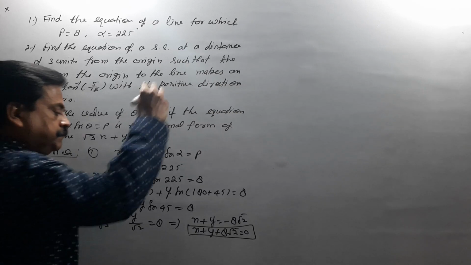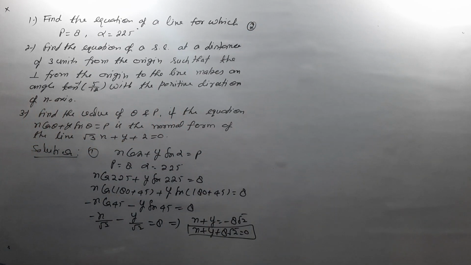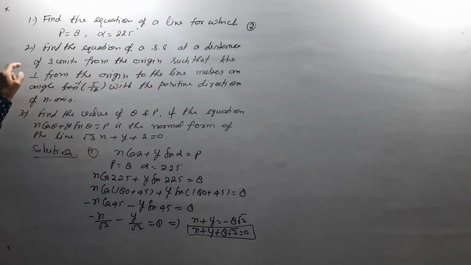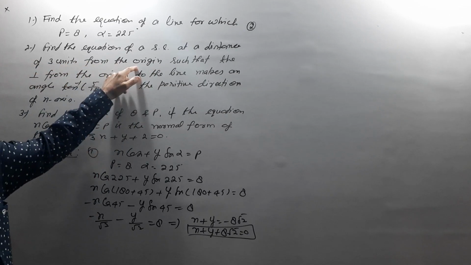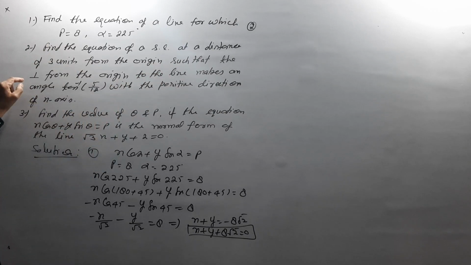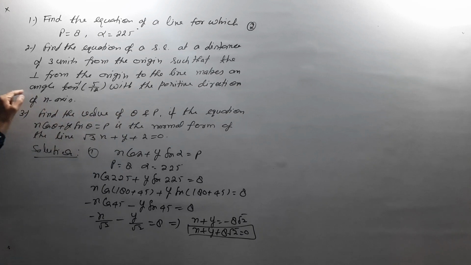Second solution. In second question, find the equation of a straight line at a distance of 3 units from the origin. So this is the value of p, such that the perpendicular from the origin to the line makes an angle of tan inverse 5 upon 12.